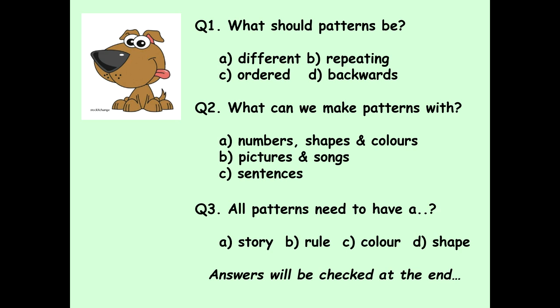Question 3. Finish this sentence for me. All patterns need to have A, story, B, rule, C, colour, or D, shape. Good luck with those questions. We'll check the answers at the end of this little class.